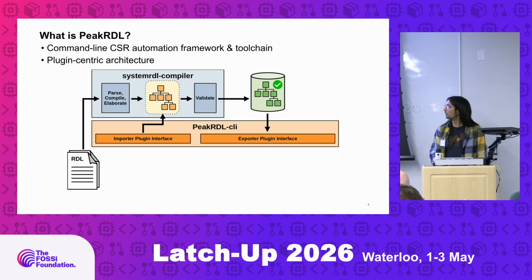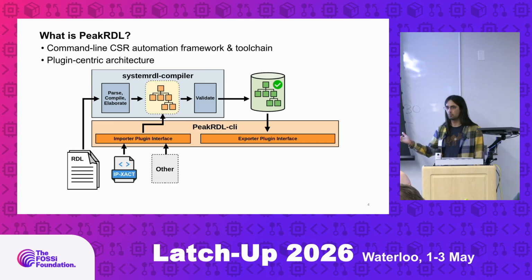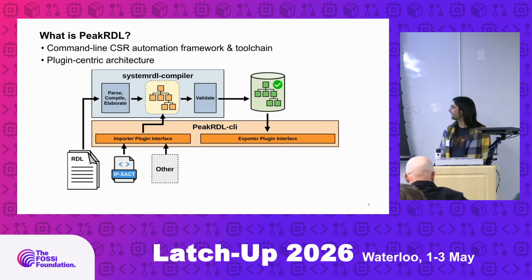So for the input path, we can have foreign language imports. IP-XACT is one of them. I've had people import, I built an import for a Word document parser, which was a horrific prior standard that I had used. So the world is your oyster here. And again, others imply you can write your own and kind of plug into the system.